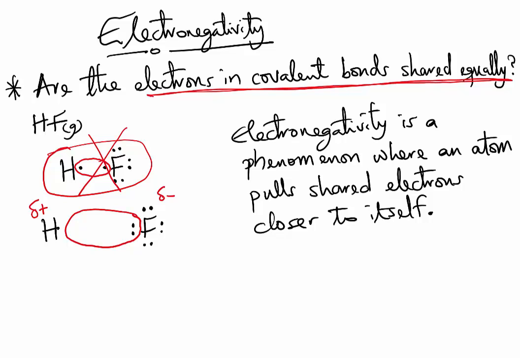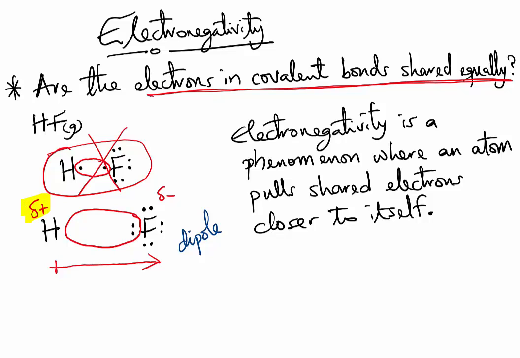Remember, a full negative charge means that an atom has gained an electron, which means that in this molecule, the electron density is moving closer to the fluorine, while the hydrogen side seems to be suffering from some kind of electron deficiency. This is what is known as a dipole. Two poles.